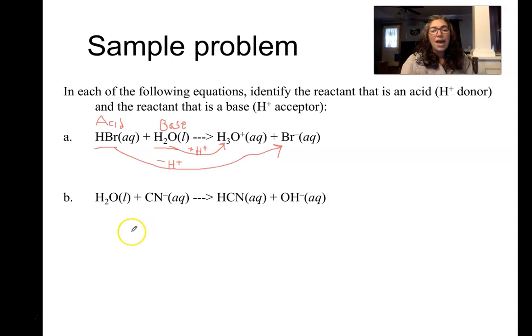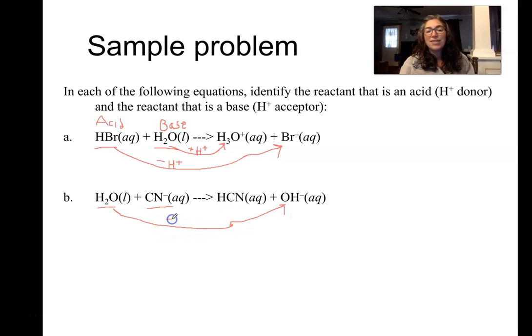All right, and let's now do the second one. So we've got H2O and we've got the cyanide ion. So just looking at this, I can tell you already which one is going to be the acid, because an acid is a proton donor. It has to have a hydrogen, an H plus, that it can give. And the only one that has hydrogen is the water. So I know this one's going to act as the acid, but just to prove it, let's look at what it becomes. H2O becomes OH minus.